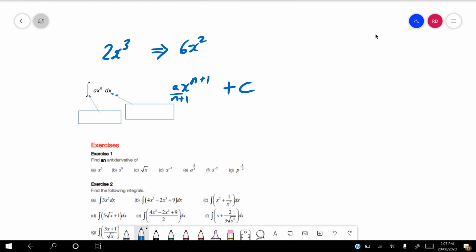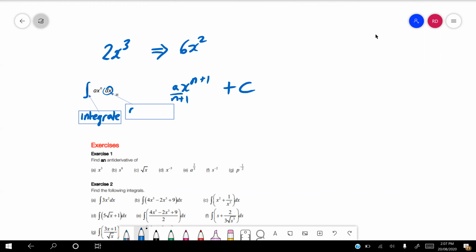So just to go over the notation, this little line here says integral or integrate. And this little bit here tells you what you are integrating with respect to.